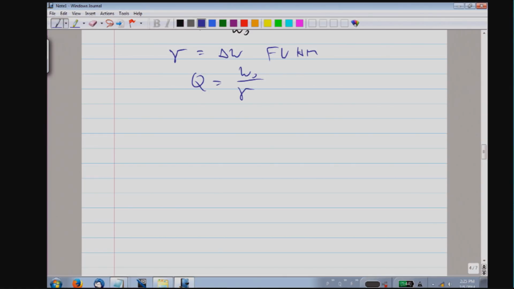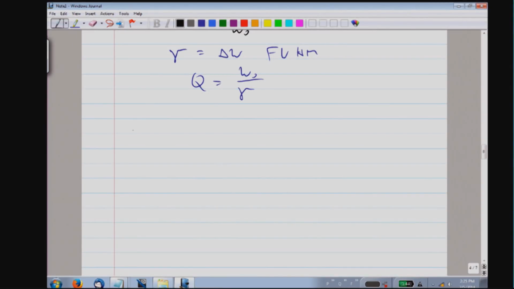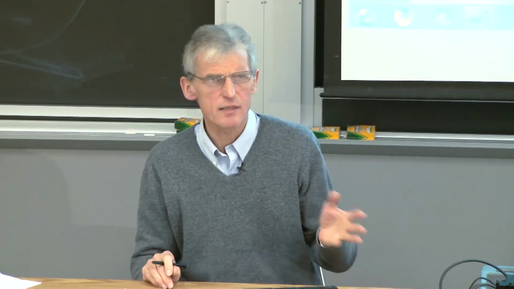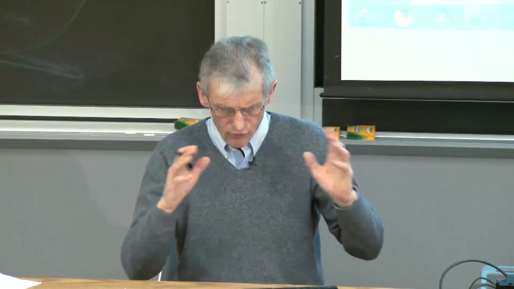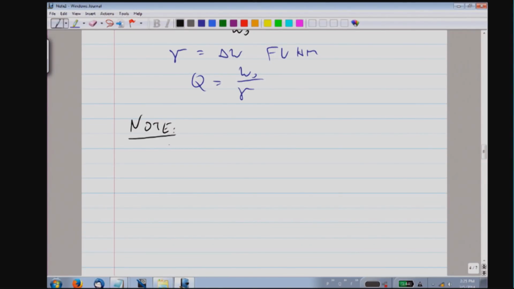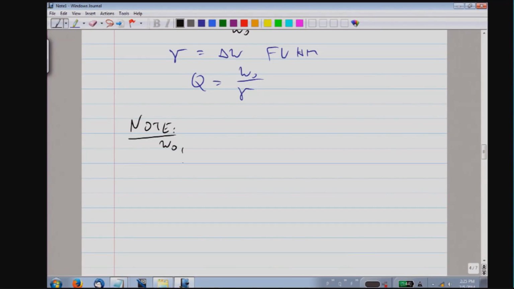Let me finish with a short note. I've talked about resonances, and about the two important parameters, the resonance frequency and the full width at half maximum. How do we measure those? There is actually sometimes a confusion.